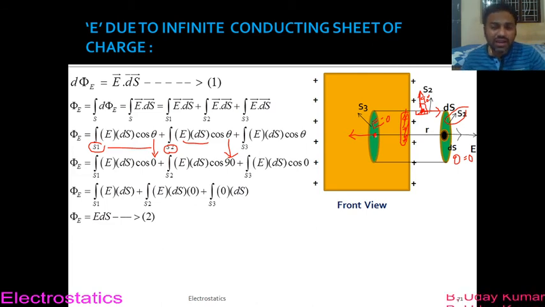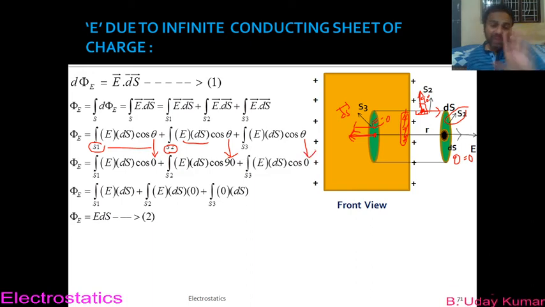You also know that the electric field intensity at a point inside the conductor is 0. So that is known to you. Anyway, for convenience, assume that there is some electric field at this point, and at this point the ds will also be in the outward direction, because in the case of a non-conducting sheet the electric field intensity was there, right?